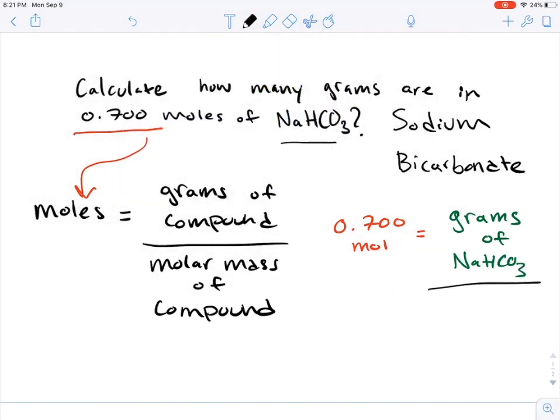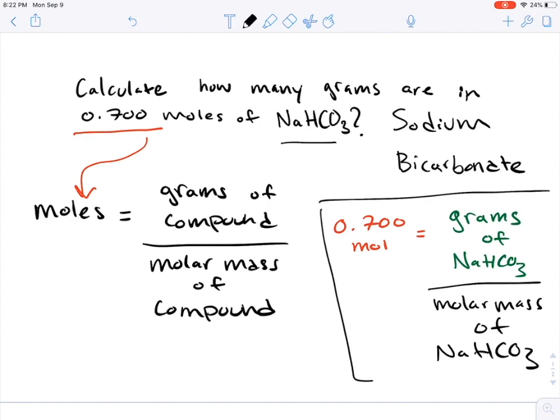And we also need to calculate the molar mass of sodium bicarbonate, also known as NaHCO3. So we finished about 25% of the problem. The only thing we need to calculate here is the molar mass of NaHCO3, sodium bicarbonate.